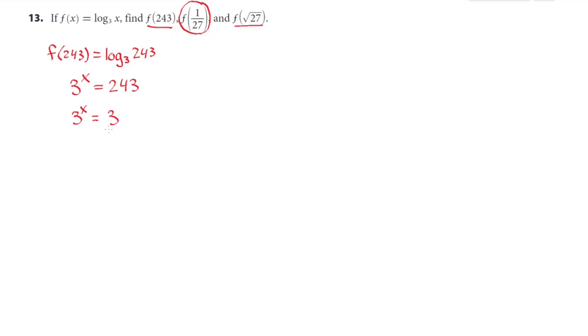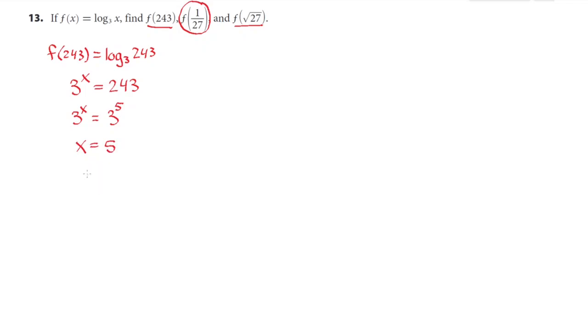Well, 3 times 3, that's 2 3s, is 9, times another 3, that's 3, is 27, times another 3, we're up to 4 now, is 81, times another 3, that's 5, that's 243. So 3 to the power of x equals 3 to the power of 5, so x must equal 5.